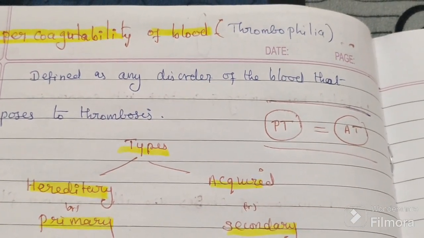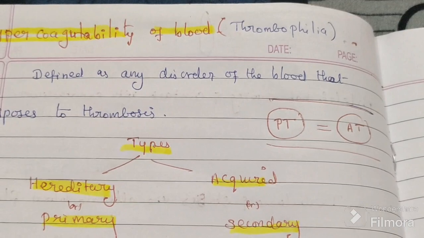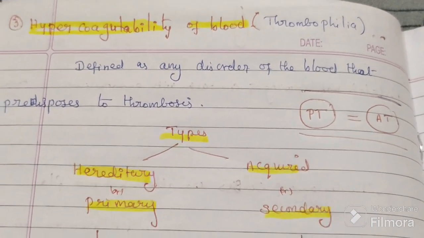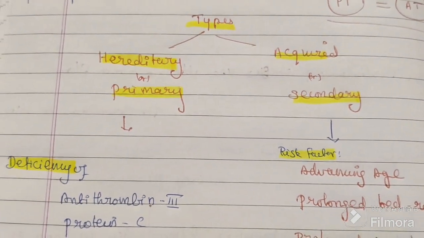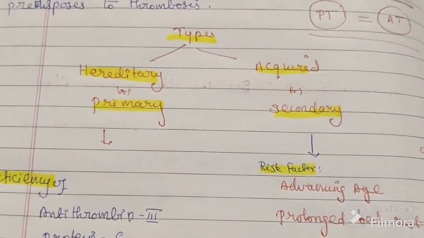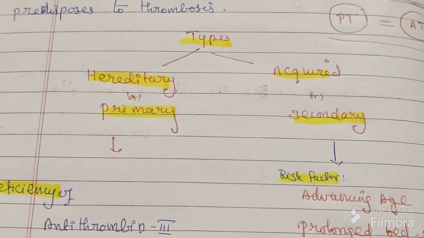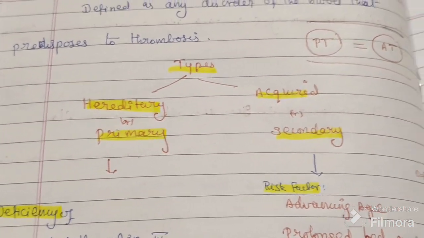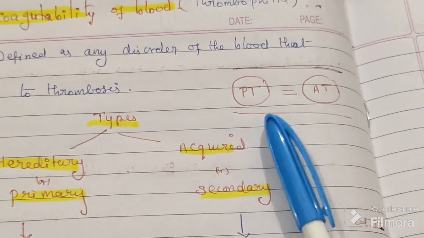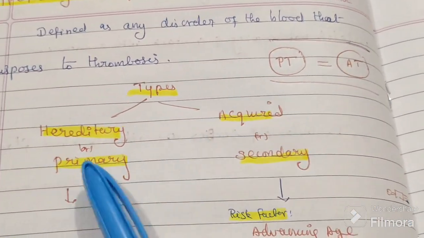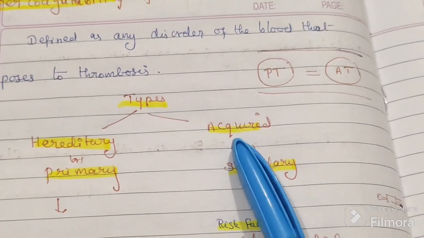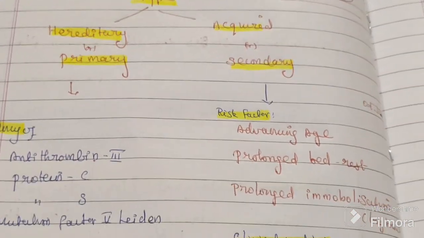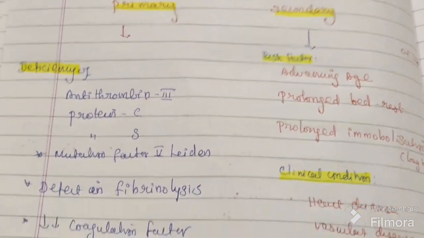Okay, prothrombin is equal to antithrombin, so they are balancing each other. For some reason it may be hereditary or it may be acquired. Both occur simultaneously. As a result, thrombus formation. Here also we know both are equal and opposite, but because of a hereditary condition or acquired condition, both become imbalanced, so for that reason it causes thrombus formation.